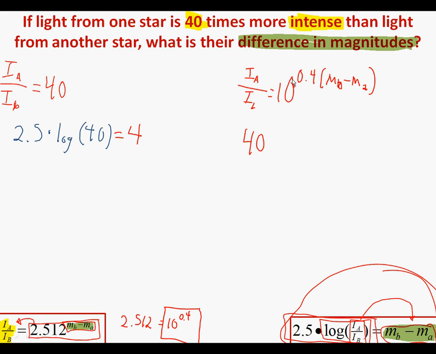If I take the 10, let me use a different color, take 10 to the other side, since this is the base of an exponential, that's going to be the base of a logarithm problem.